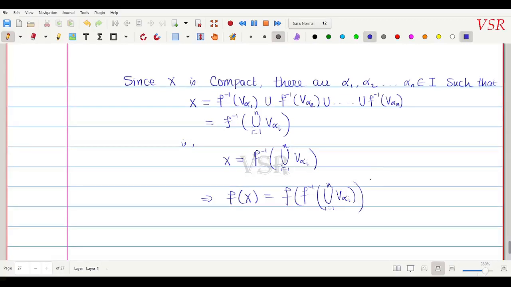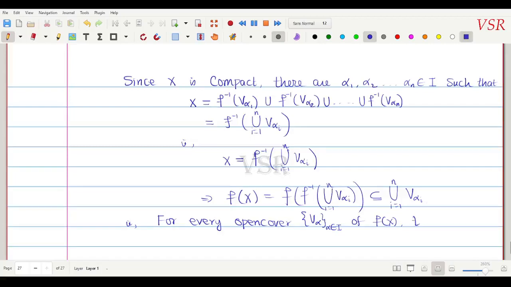And note that this is a subset of what I can write, the union of i equal to 1 to n of V alpha i. That is, for every open cover, there is some V alpha, alpha belongs to capital I, of f of X.